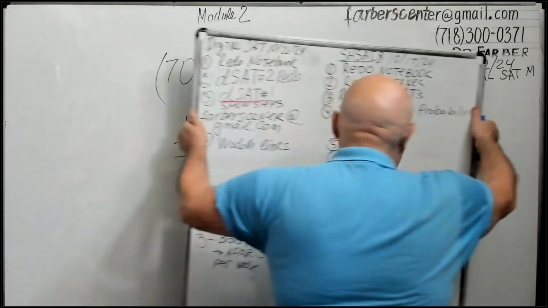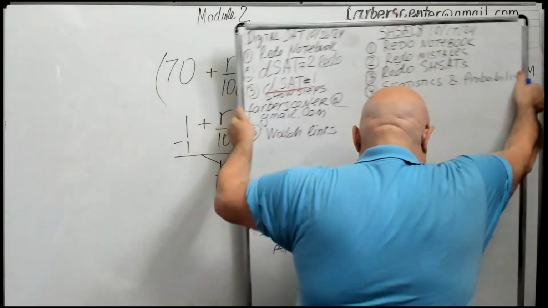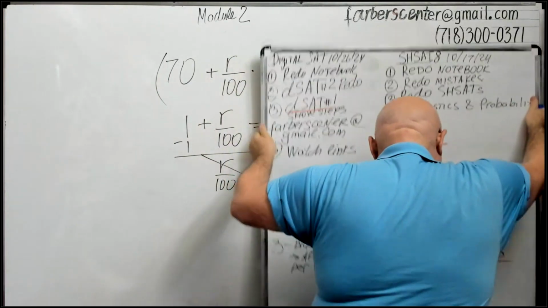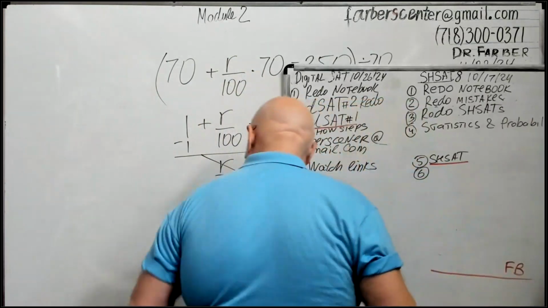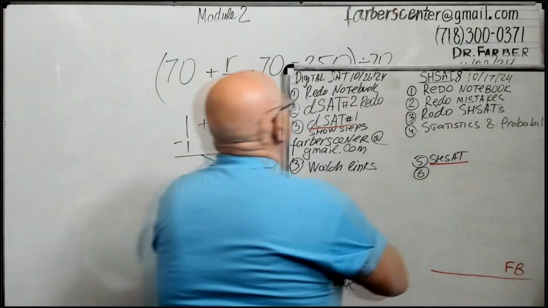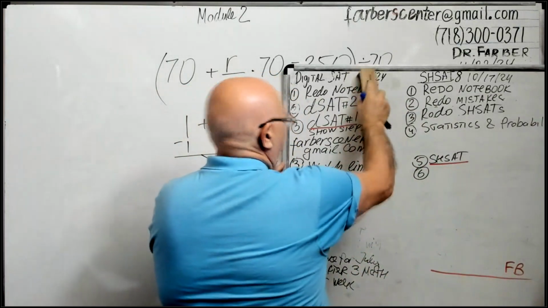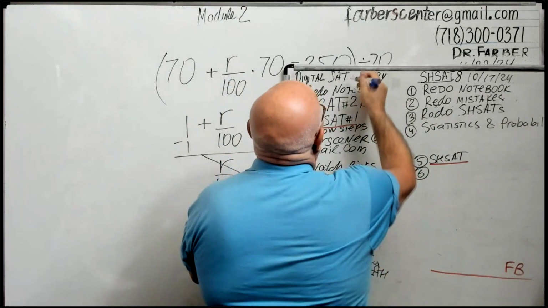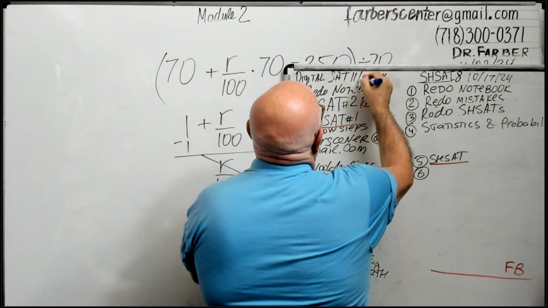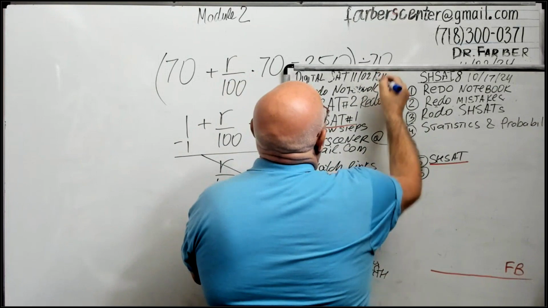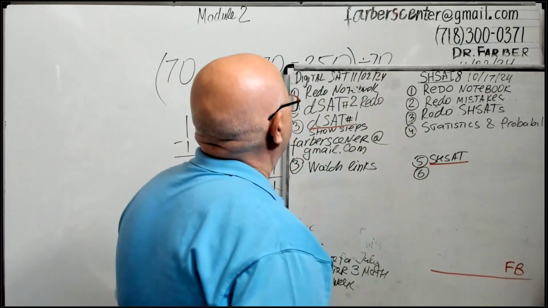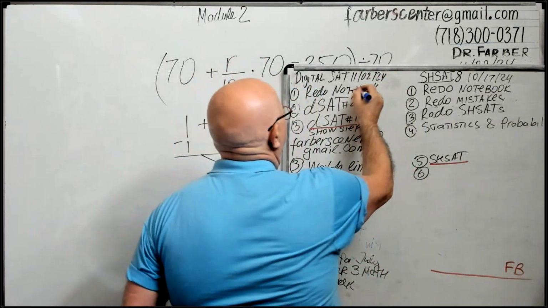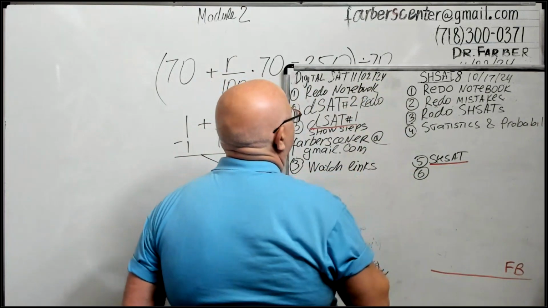Now, your homework. Digital SAT today is 11:02. Try to get a perfect score. It's not difficult. Read your notebook. Do again whatever we did in class.